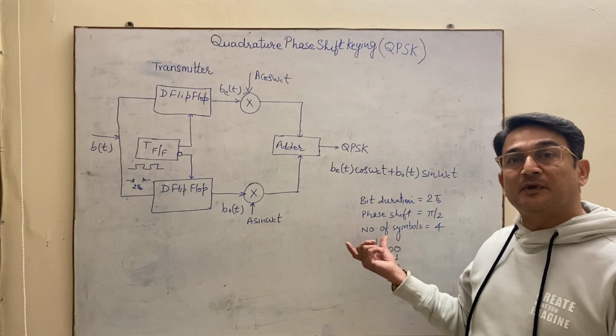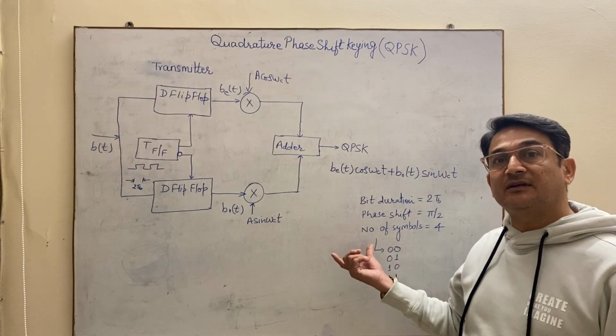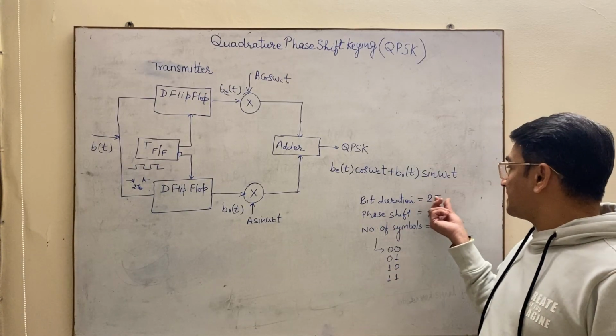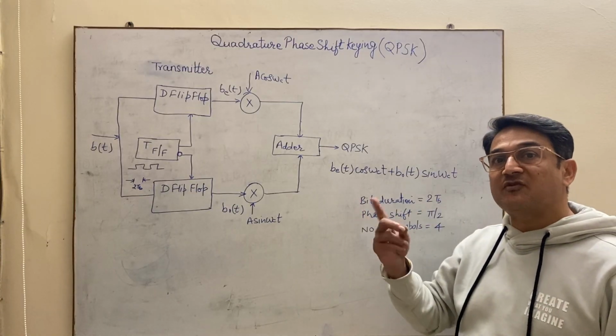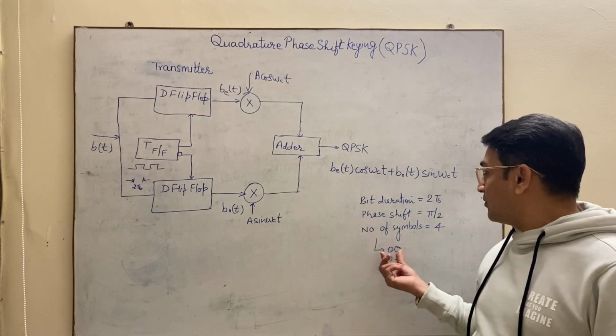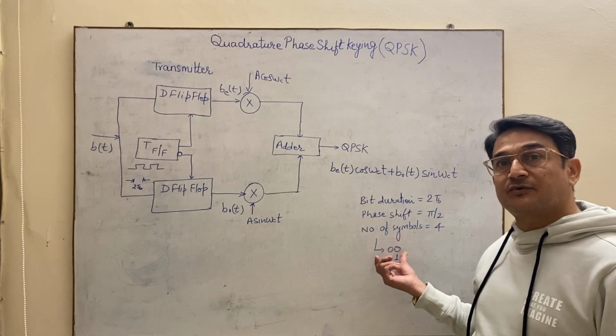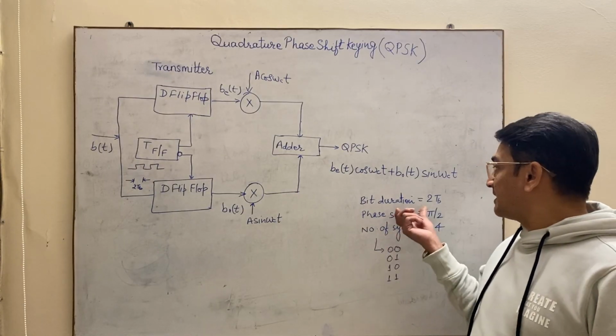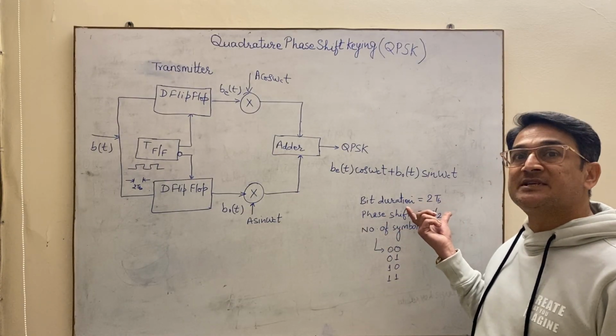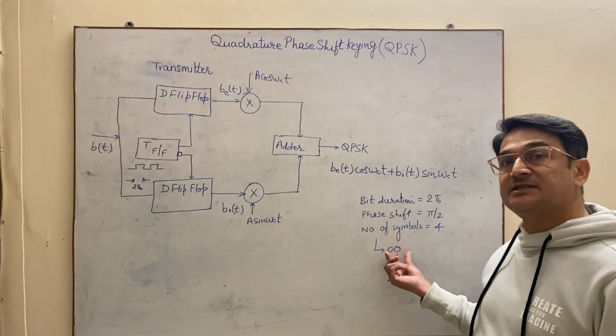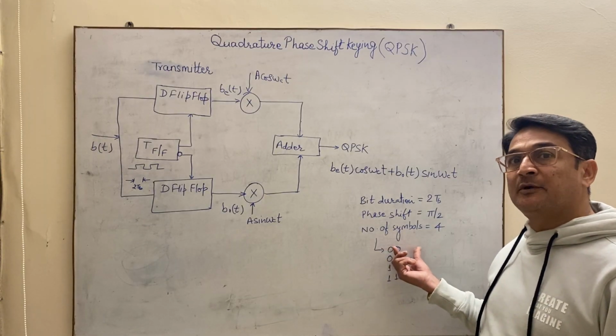In BPSK, that is binary phase shift keying, the bit duration was TB seconds because at that time one bit was transmitted. Now one symbol consists of two bits, so that means our symbol duration is 2 TB seconds because it combines two different bits.